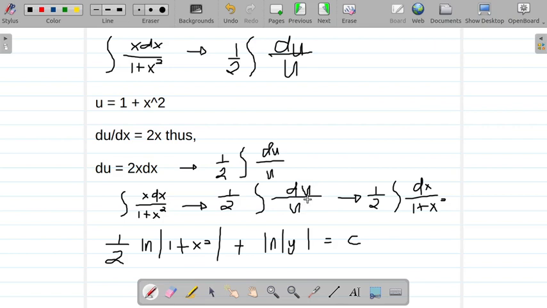So, the integral of du over u is equal to substituting the value of du and u. Since we took out the constant 2, which is the 1/2, the reciprocal of 2, what remains is x dx over 1 plus x squared. Alright, 1 plus x squared.